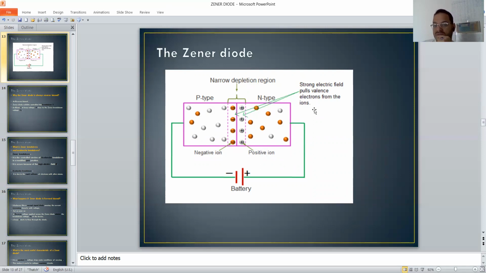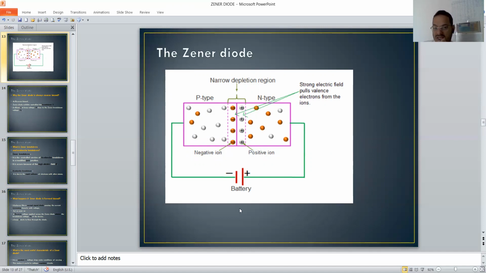In the previous diodes, here n-type means majority electrons, minority holes. Here p-type, majority holes, minority electrons.